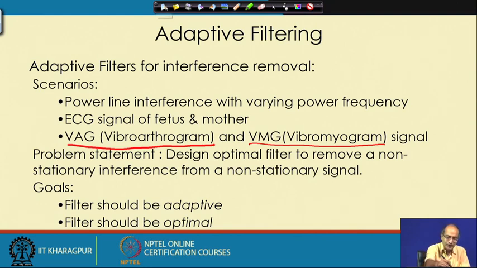So, now let us look at the new problem statement. We have already learnt about the optimal filter, so we do not want to lose on that. Here the problem statement is that we would like to have an optimal filter, but it should work in a non-stationary environment.